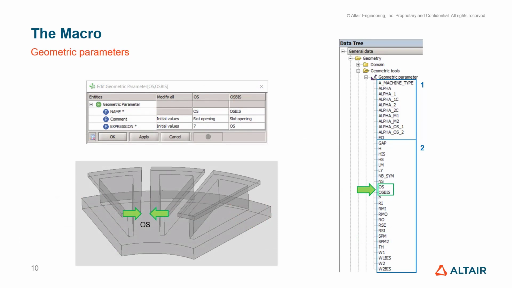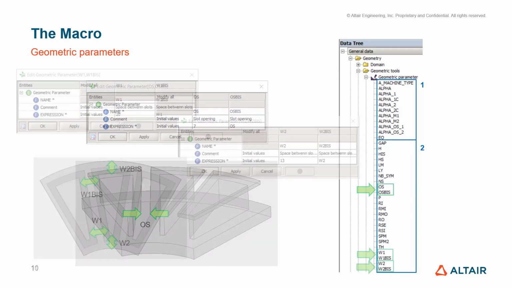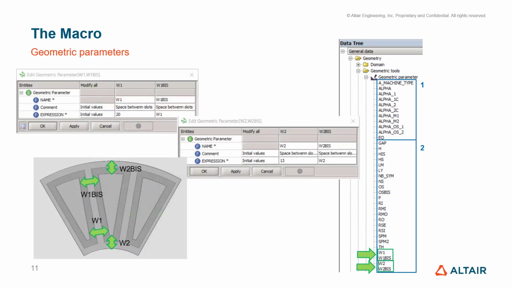Similarly, the slot opening can be different along the radial direction. We can see the parameter OS and its dual. And the shape of the teeth can be asymmetrical in radial and circumferential direction. We can see in the data tree the parameters W1 and W2 with their duals.